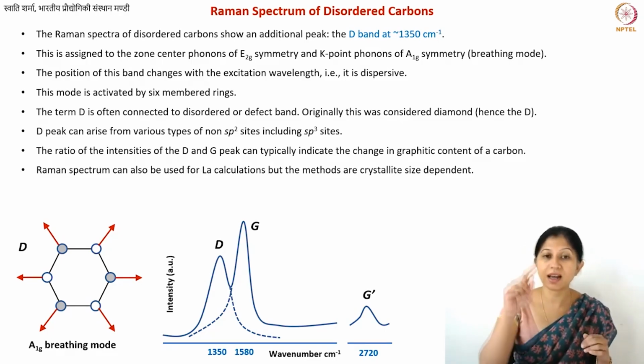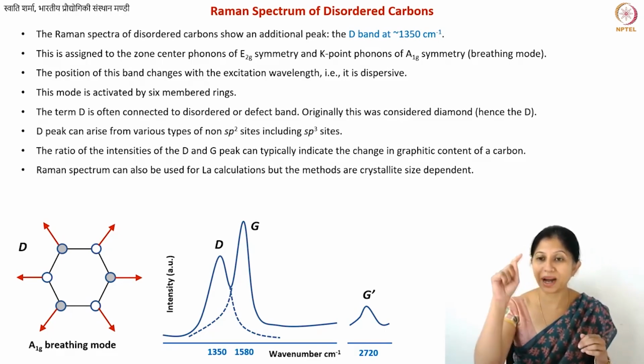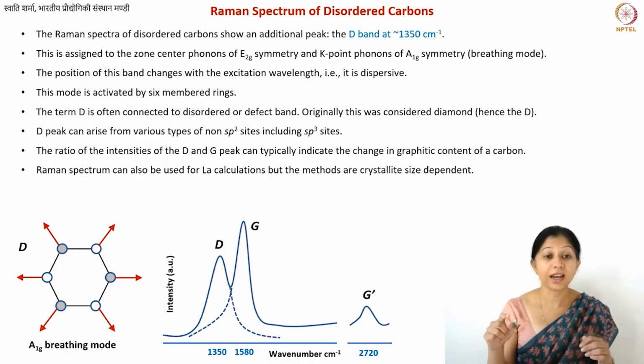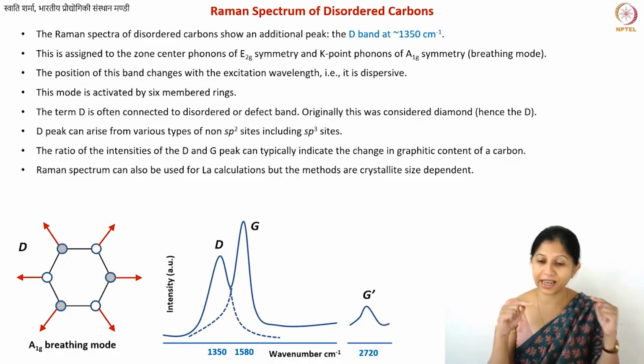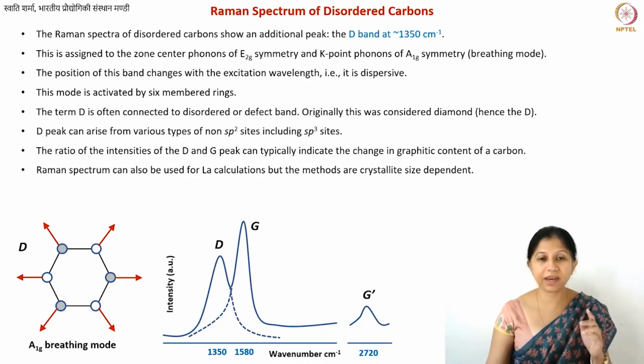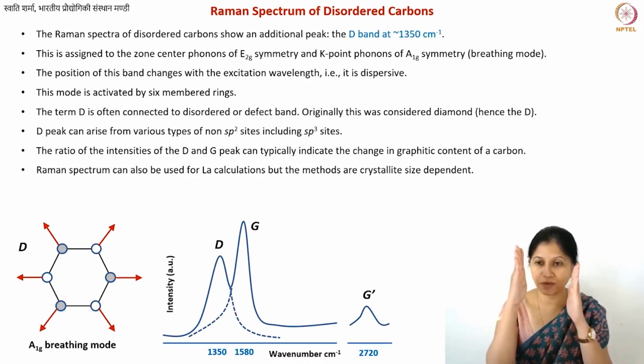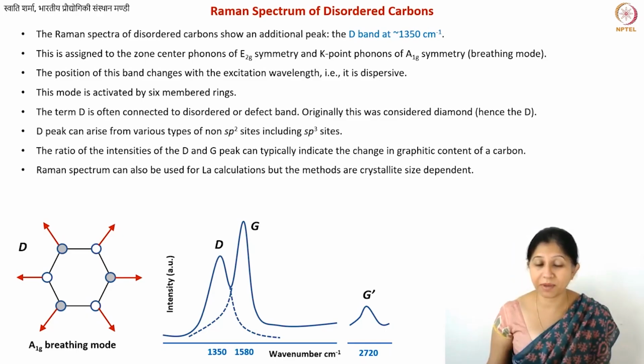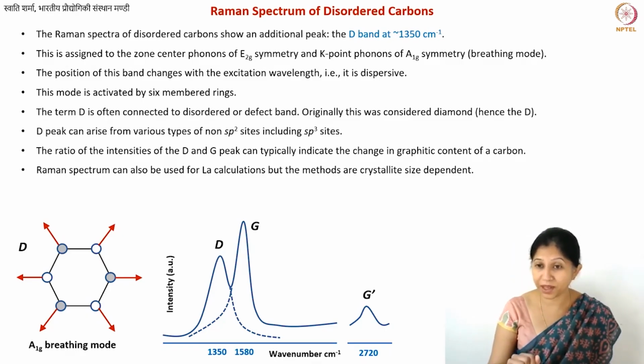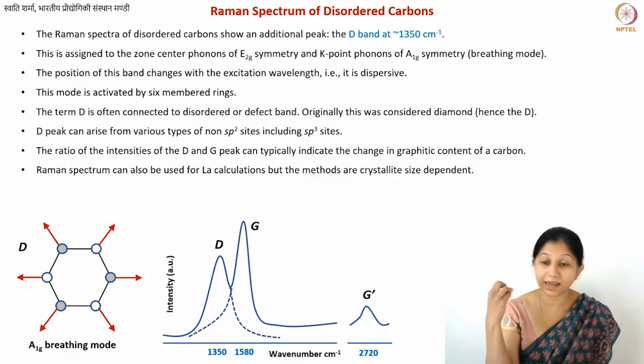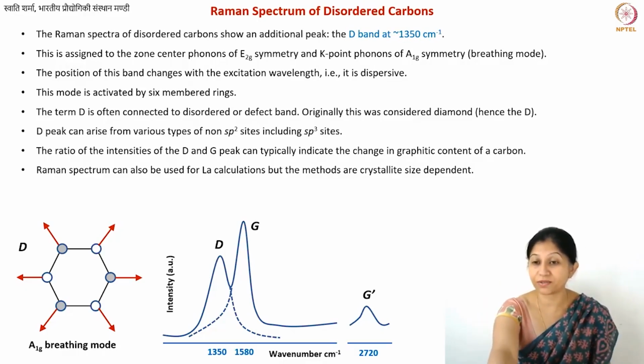So that is known as ID by IG. Now again, the calculation of the D and G intensities can be done just based on the height of the peaks, or it can also be done based on the area of the peak in some cases. So these little calculations can make a lot of difference to what you understand of your material.